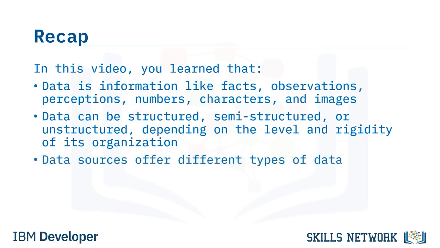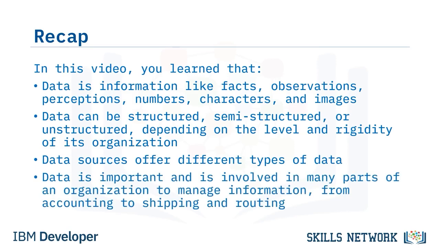Different data sources offer different types of data. For example, data from social media can be unstructured or semi-structured. And data is essential to many organizations and is used to manage information from accounting to shipping and routing. Data is generated constantly in today's world, 24 hours a day, 7 days a week.